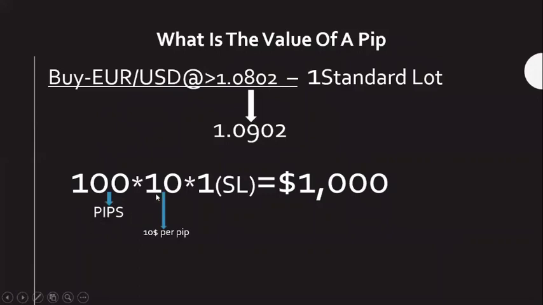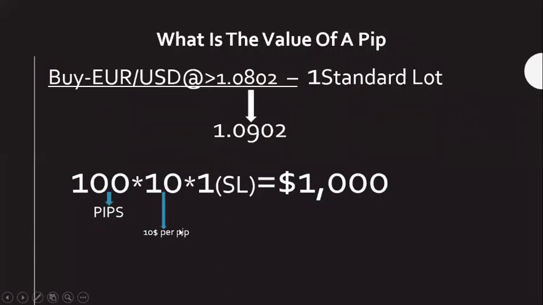In this standard lot size, we are told that a single pip movement is equivalent to $10, and we made 100 pips profit.